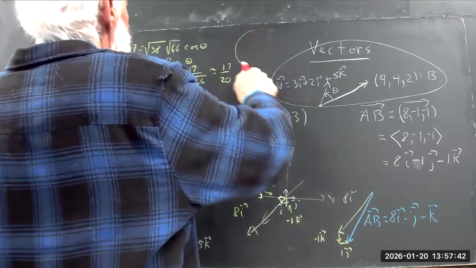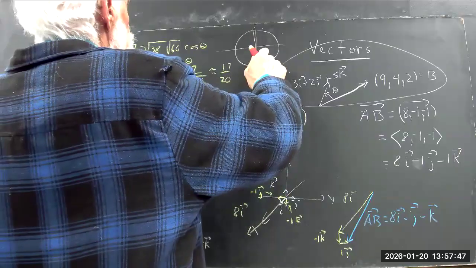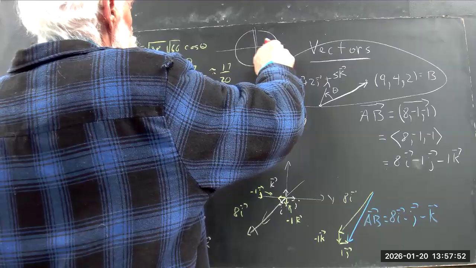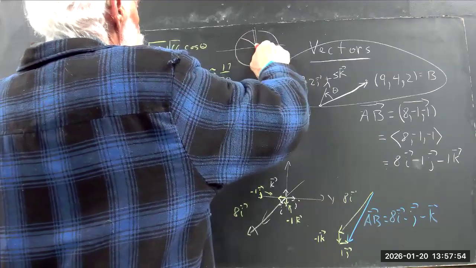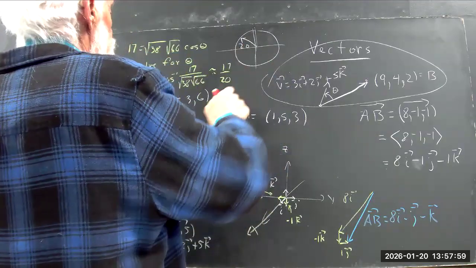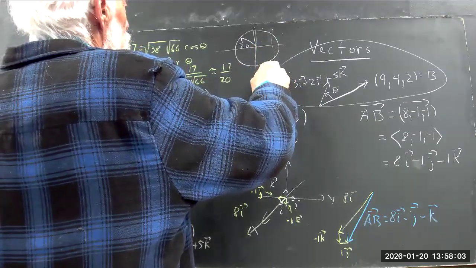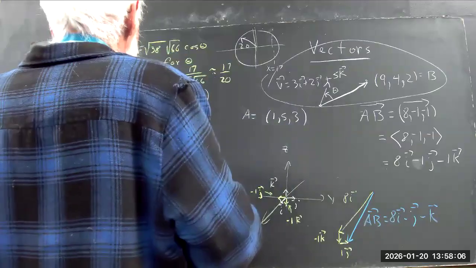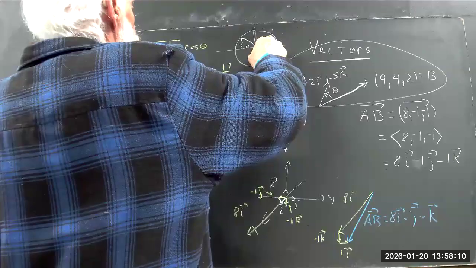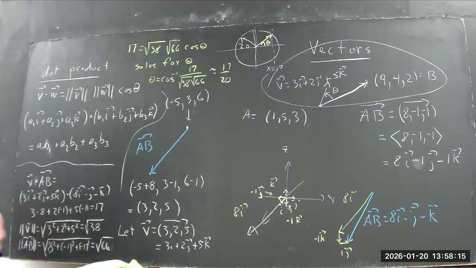Draw a picture. Radius 20, x equals 17. Right there's the angle. Looks like around 30 degrees.